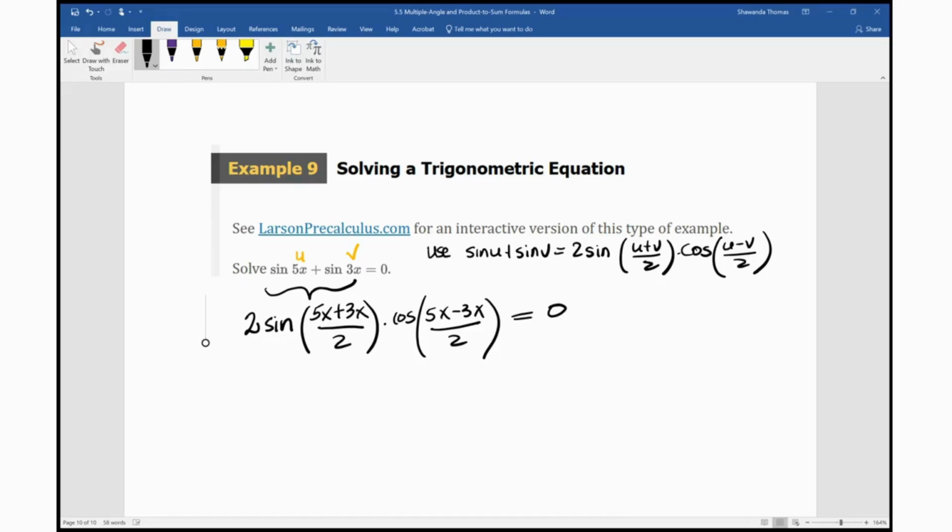All right. 2 times sine of, what is 5x plus 3x over 2? 8x over 2. And what about 5x minus 3x? 2x over 2.